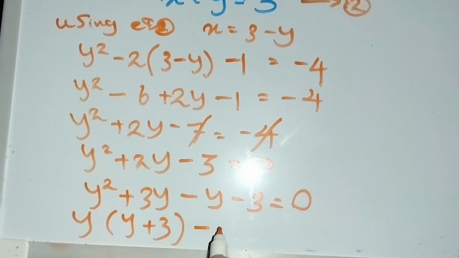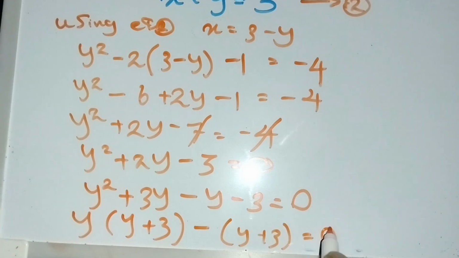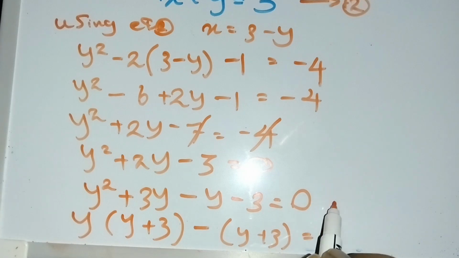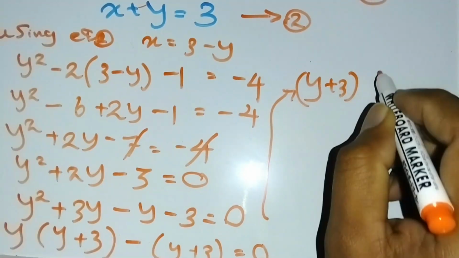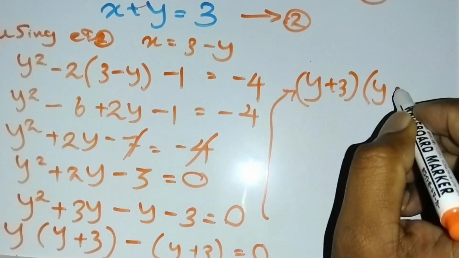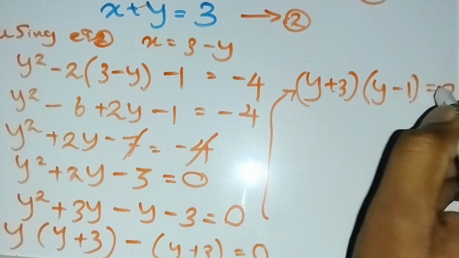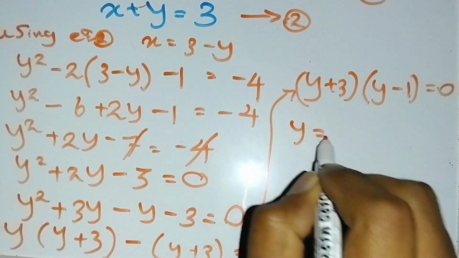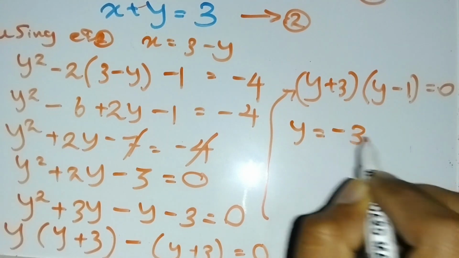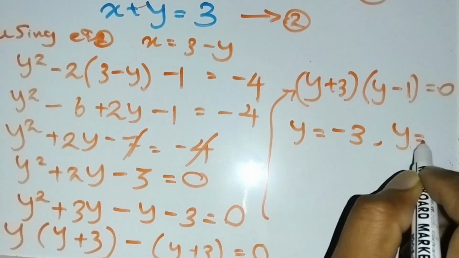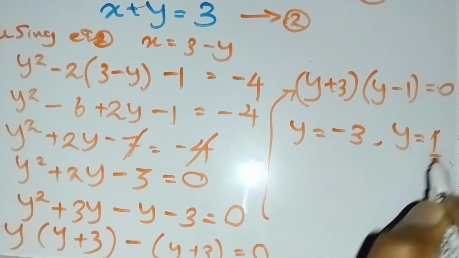Then that becomes y plus 3. Then you can have that y plus 3 is the common factor. Then I can take it out: y plus 3 and y minus 1 equals 0. That means y equals minus 3 or y equals plus 1.